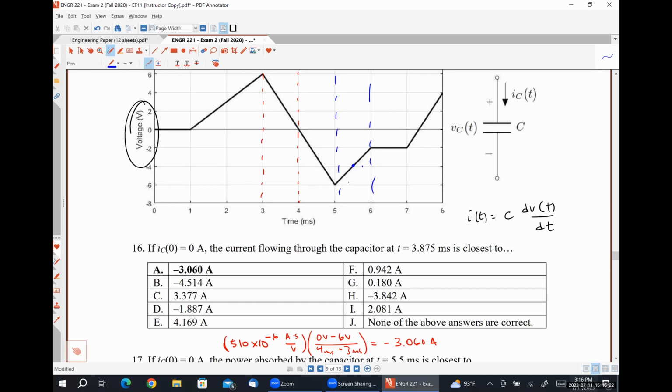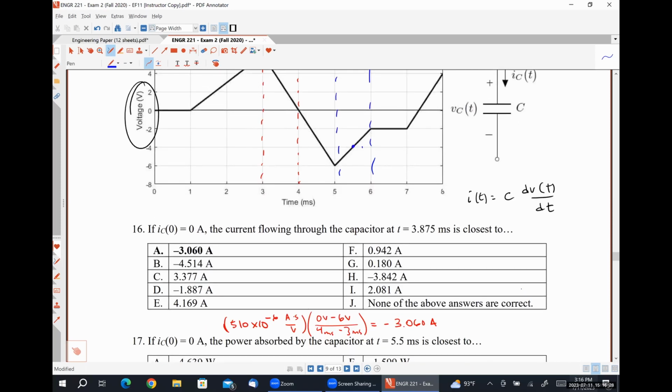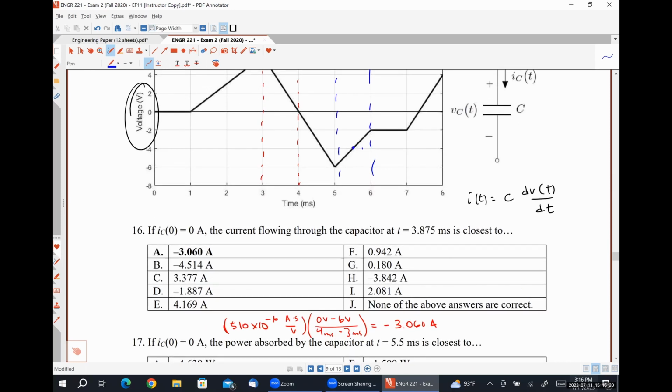Looking at it, we can see that the voltage is -4 at T is equal to 5.5. I try not to throw you too many curve balls and make you do linear interpolation or anything like that, because you guys get really mad at me when I ask you to do it, even though you should know how. So try to make those fairly straightforward.